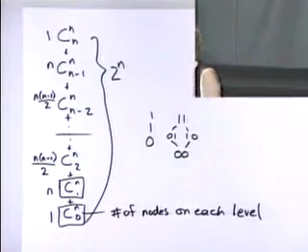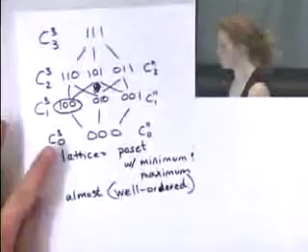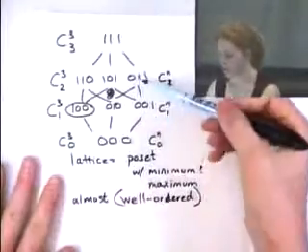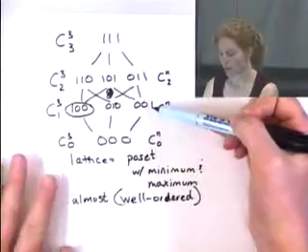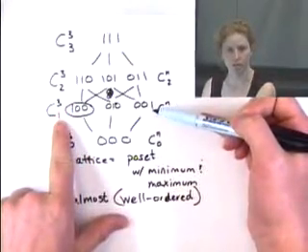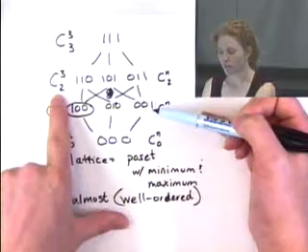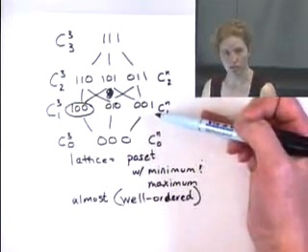If we go back and look at the diagram of a lattice, let's look at this one. The number of nodes in this level is the same as the number of nodes in that level. The reason is that on this level, out of 3 I have to choose 1 bit to be a 1. Out of these I have to choose 2 bits to be 1s. But that's a symmetric thing.